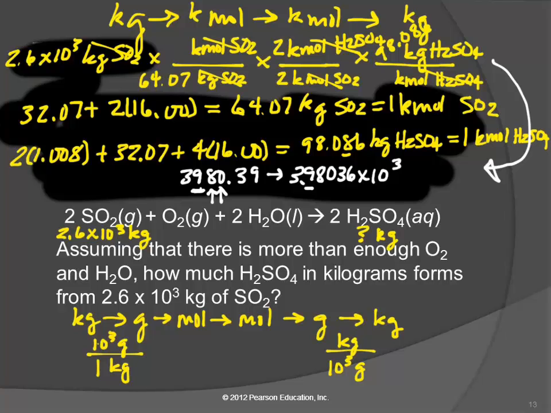So we need to make it 4.0. The temptation is to just write 4, but now you've gone off to 1 significant figure. So the answer is 4.0 times 10 to the third kilograms of sulfuric acid. And especially when your work gets all messy like that, a box around your answer is awesome. All that scribbling, there's our answer right there.